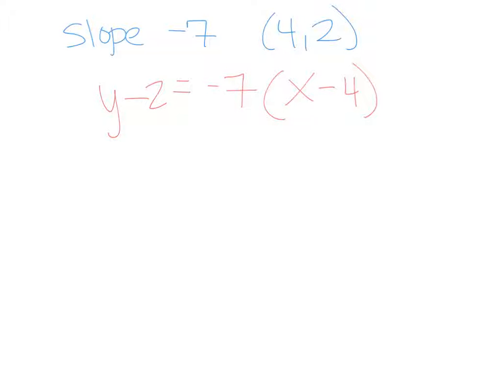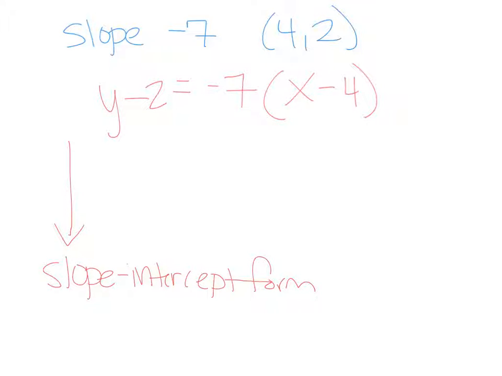So sometimes we have to go from point slope form to slope intercept form. So I'm going to give you the steps here of changing this to slope intercept form. Step 1 would be to distribute. So distributing the -7 to both the x and the -4.